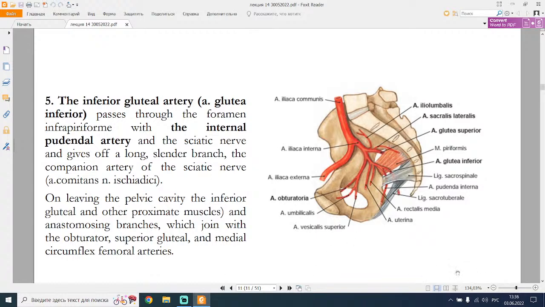On leaving the pelvic cavity, it supplies the gluteal and other proximate muscles and has anastomosing branches which join with the obturator, superior gluteal and medial circumflex femoral arteries.